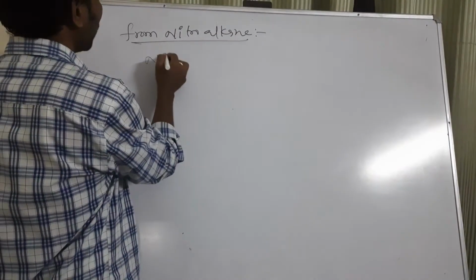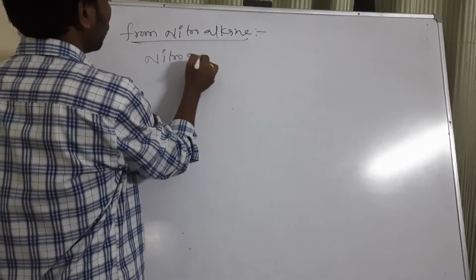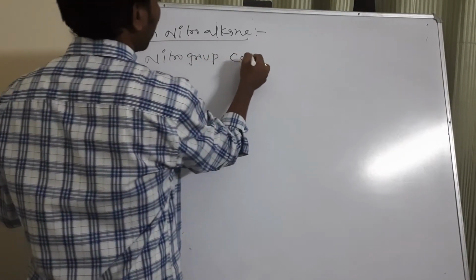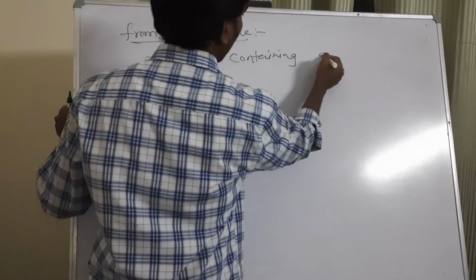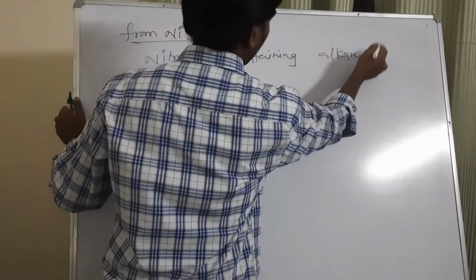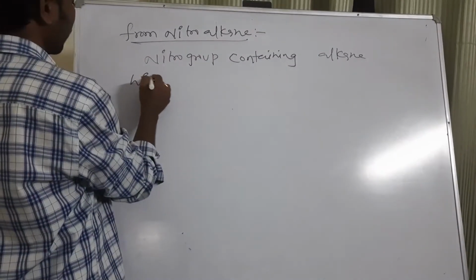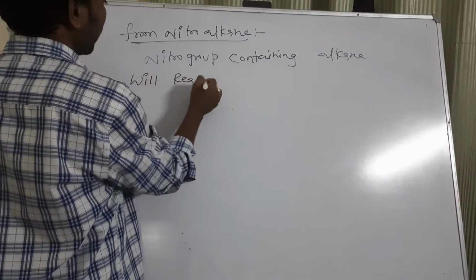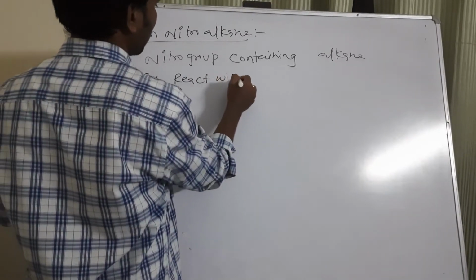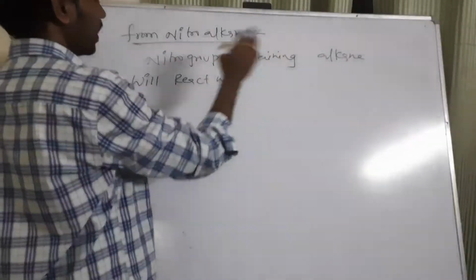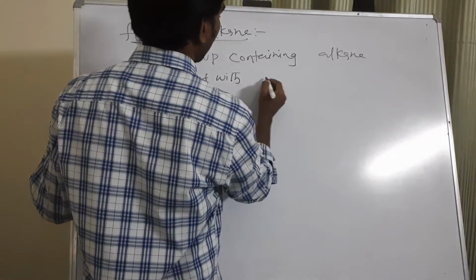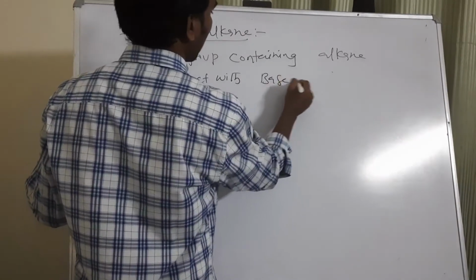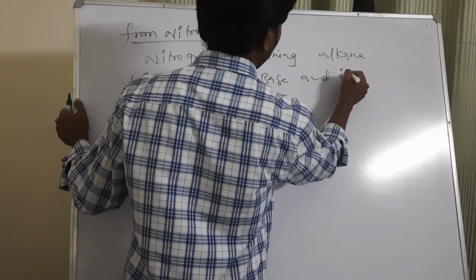Here a nitro group containing alkane will react with NaOH. Nitro group containing alkane means acid will react with 50% NaOH and it forms salt.